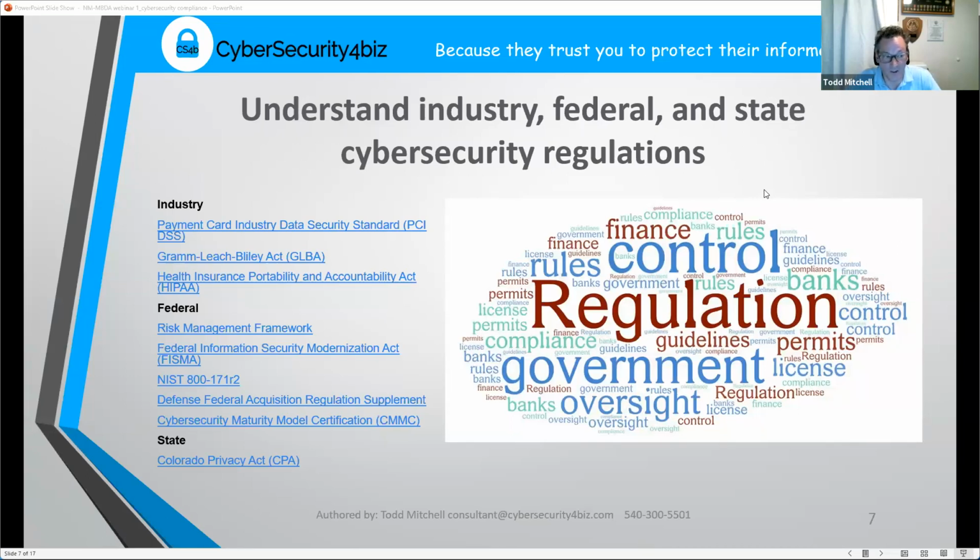The NIST 800-171 has basically been renamed as the CMMC 2.0, which we will discuss in the next webinar. And the DFARS, the Defense Federal Acquisition Regulation Supplement, is the list of requirements for government contracts and government contractors and subcontractors.